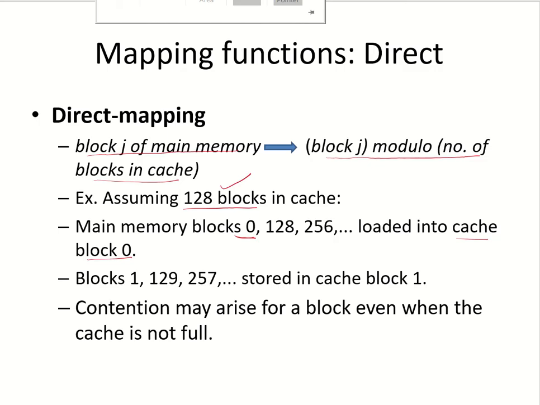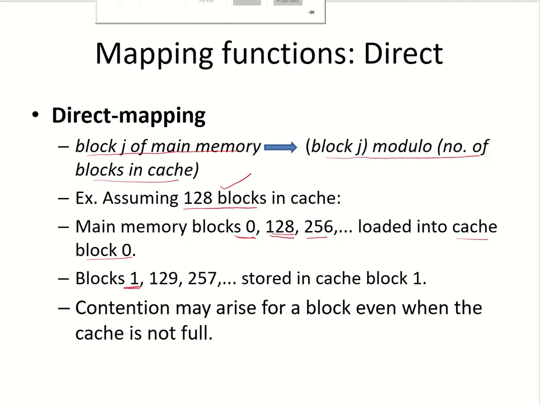Similarly, if there is an address which the processor wants to access and that address is in block 128 of the main memory, then 128 modulo 128 would again be 0. So this block will also be placed in cache block 0. 256 modulo 128, again cache block 0.